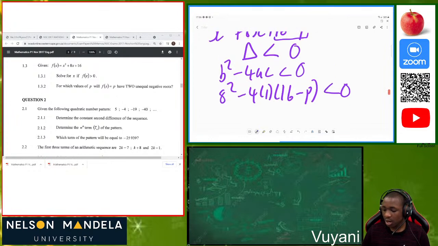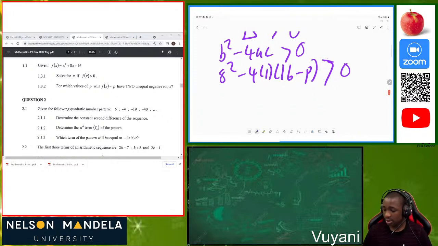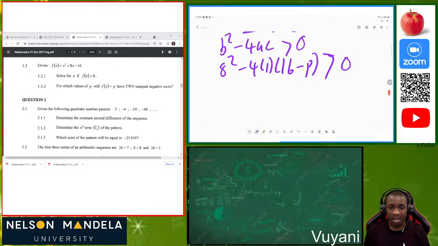Let me just repeat that part. Our discriminant b squared minus 4ac, because they are unequal negative roots, must be greater than 0.